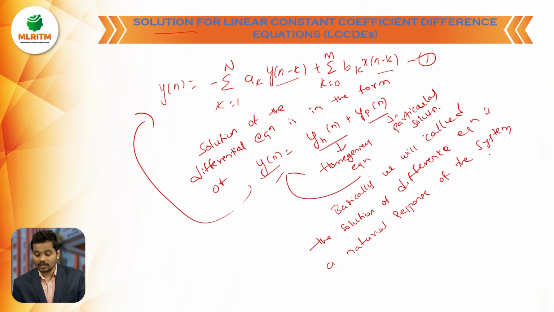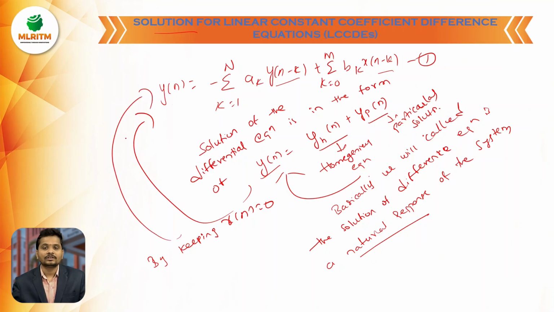For every system, the natural response is obtained by keeping x of n equals 0. Let us see how the equation changes if you keep x of n equals 0.